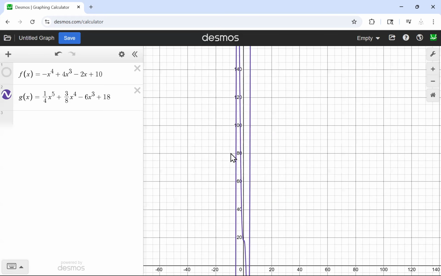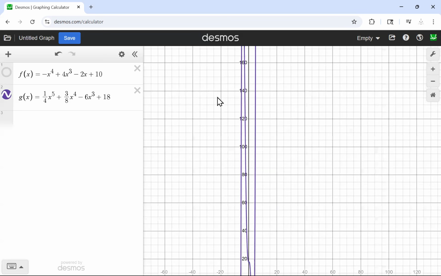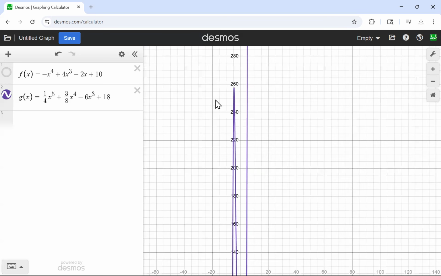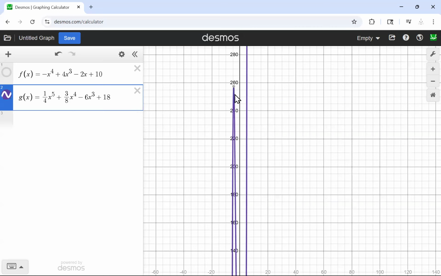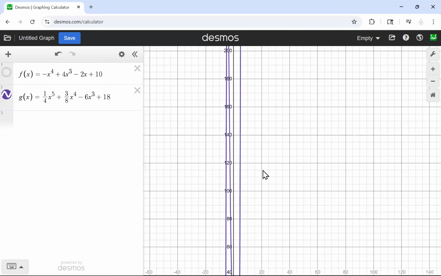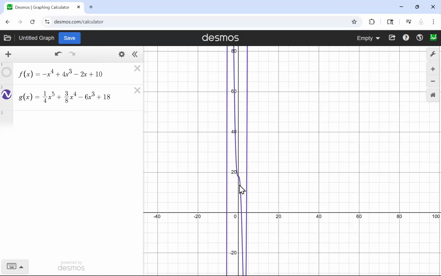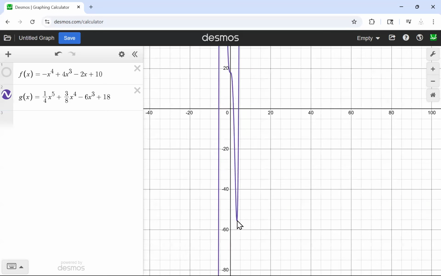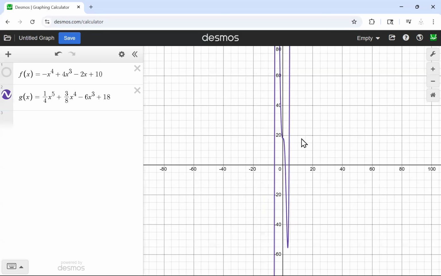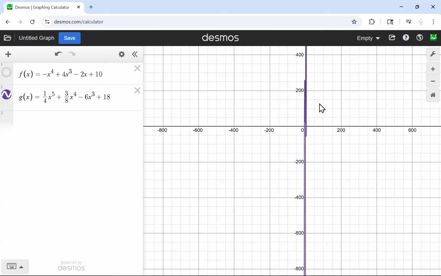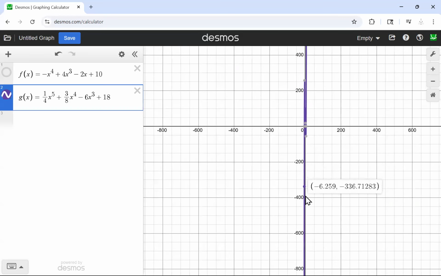We have this thing where it goes all the way up to, like, 257 or something like that, and then comes back down and does this weird little jog here in the middle, and then goes down, hits a bottom point, and then shoots back up. So lots of weird things happen in the middle there, but the end behavior is as the x value moves further to the left, this goes down. As the x value moves further to the right, this goes up.